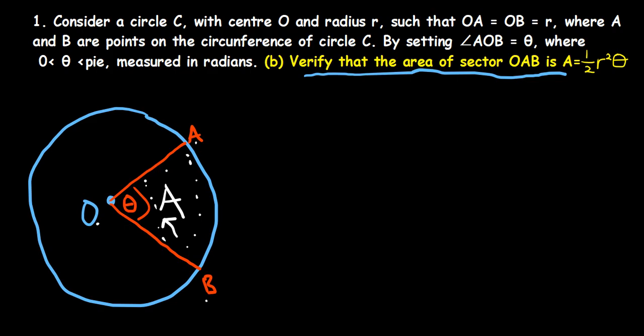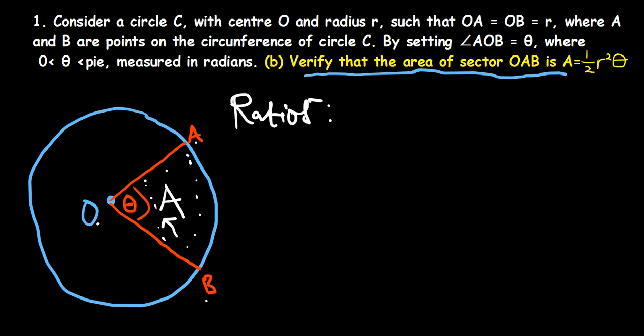So what are we going to do now? We are going to use ratios, just like the first question. The ratio of the area of the sector to the area of the circle equals the angle that makes that sector to the angle around the center of that circle.